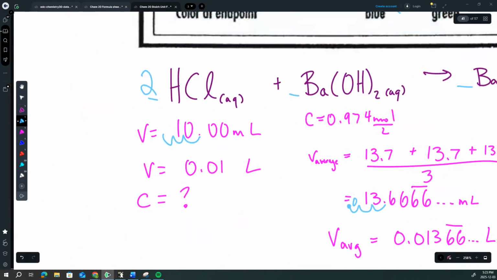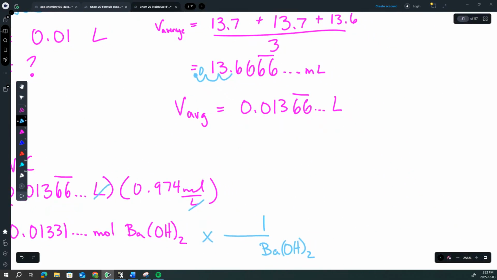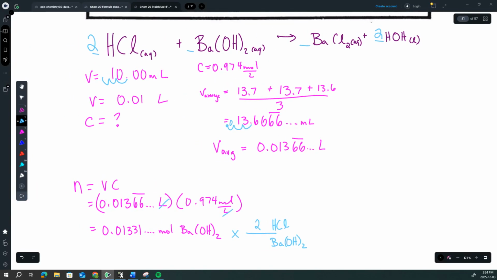So remember, we're looking for the concentration of hydrochloric acid. So the coefficients: there's a 2 in front of hydrochloric acid, and there is an invisible 1 in front of barium hydroxide. So what we're doing is we're taking our moles of barium hydroxide and multiplying it by 2.